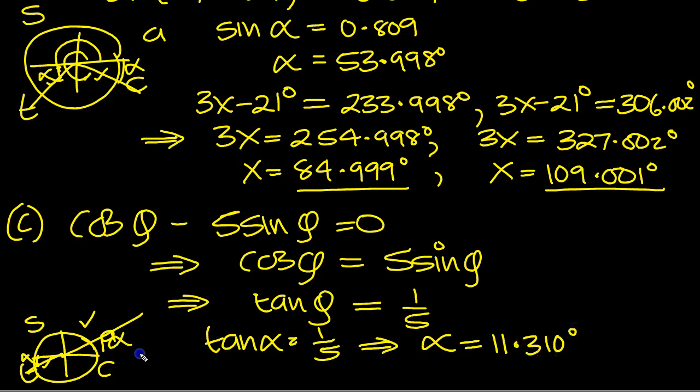So that tells us what the solutions are. Phi is equal to, going from 0 to 360, the first solution 11.310. And the other solution is right around to here: 180 plus 11.310 is 191.310 degrees. And there's our solution for phi.